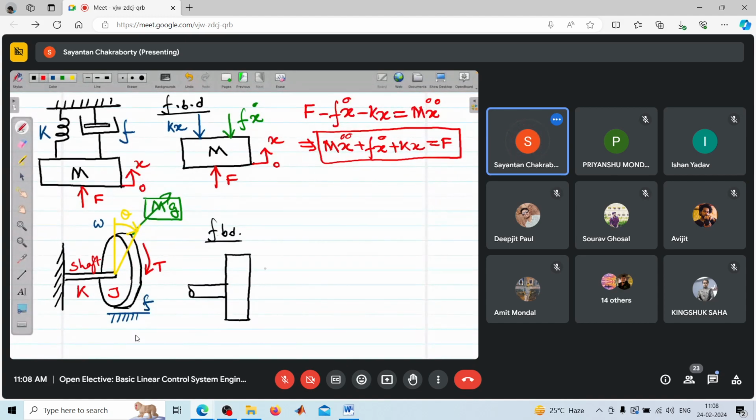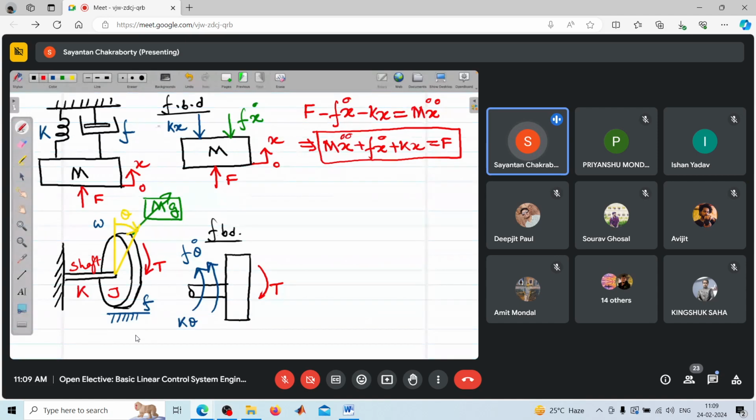Anyway, we have this torque acting like this, and this spring stiffness will act in this direction, value k theta, and this viscous fluid will produce an opposing force in this direction, f theta dot.